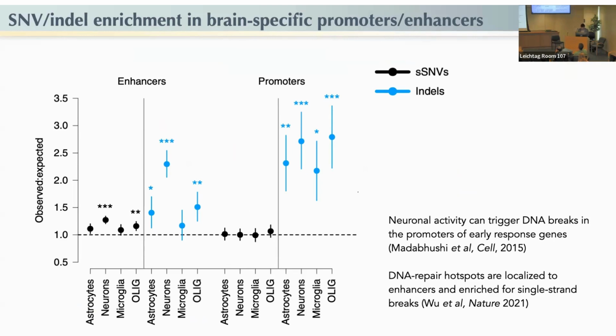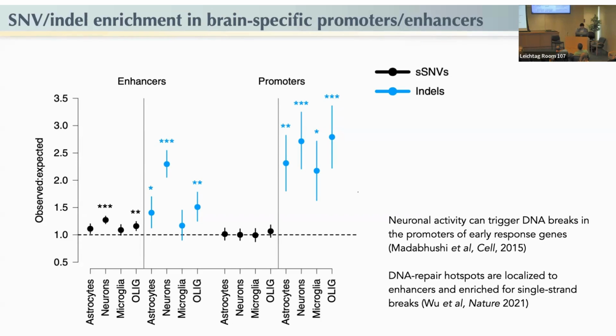Okay, so on the left, you see different cell types here. You see some enrichment for single nucleotide variants in neurons and oligos, okay? But really, indels are enriched in enhancers. It turns out it's not just any promoters or any enhancers, because we can look at tissue-specific enhancers, and it's only in the brain-specific enhancers that these mutations are found, and in promoters also.